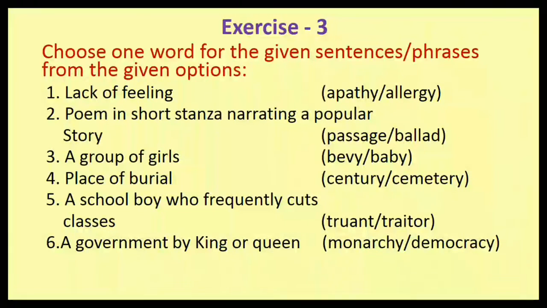Exercise number 3. Here choose one word for the given sentences or phrases from the given options. First is lack of feeling. One word for this phrase you have to choose from the given options, and the options are apathy or allergy. Next is poem in short stanza narrating a popular story, and the options are passage or ballad.